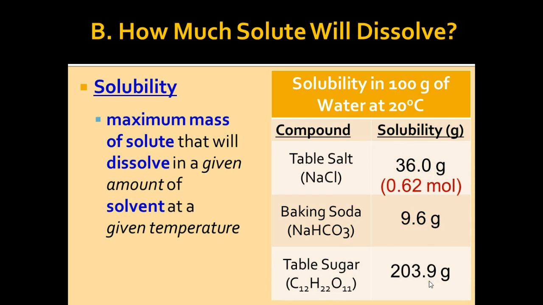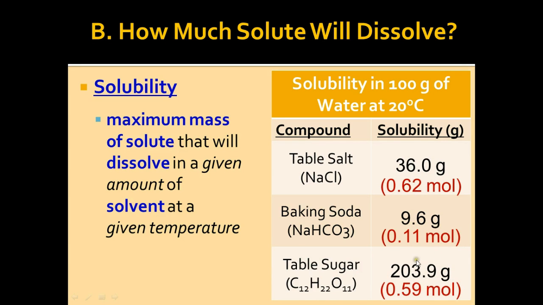And the cool thing is that even though this is such a big difference in number, 36 and 203.9, they both almost dissolve 0.6 or 0.61 moles in water. So that's the cool part about that one.